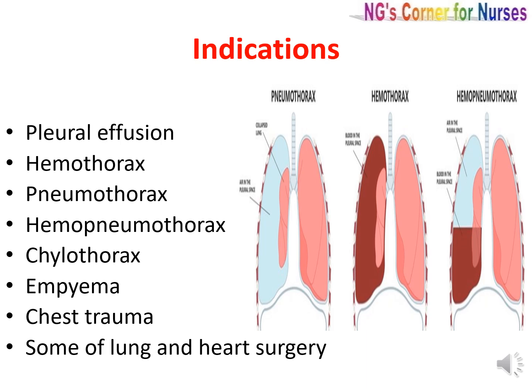Next is empyema. It is a collection of pus in the pleural cavity. And any case of chest trauma and some lung and heart surgeries are the indications of chest tube drainage or a water seal drainage.